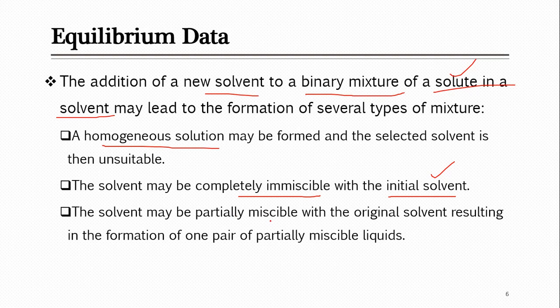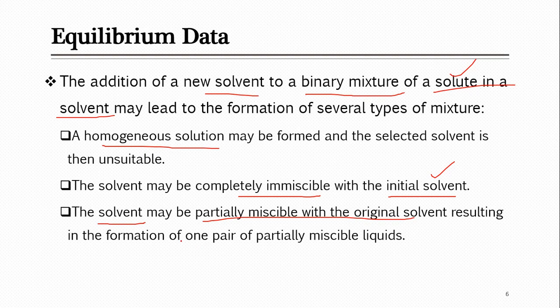Third, the solvent may be partially miscible with the original solvent or initial solvent, resulting in the formation of one pair of partially miscible liquids. Suppose you bring this solvent in contact with the feed, and this newly introduced solvent is partially miscible, meaning some part of it is soluble in the original solvent present in the feed. We will discuss this point when we look at various pairs of miscible liquids.